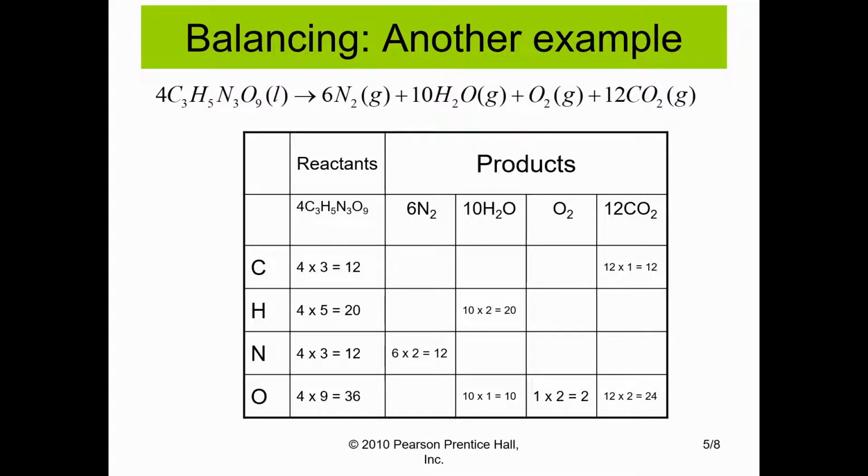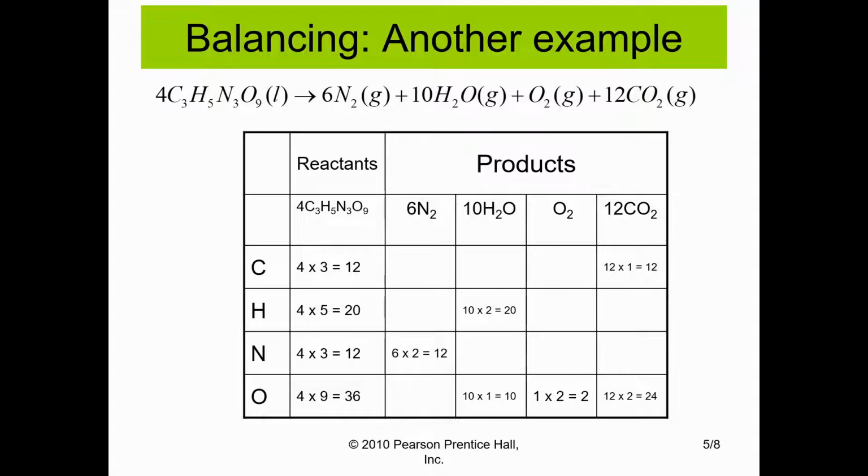As we go through and make sure that this reaction is balanced, we can count each of the atoms on either side of the reaction. In the reactants, we have carbons, 12 total, hydrogens, 20 total, nitrogens, 12 total, and oxygens, 36 total. You can get to these numbers by multiplying the coefficient by the subscript throughout the equation.